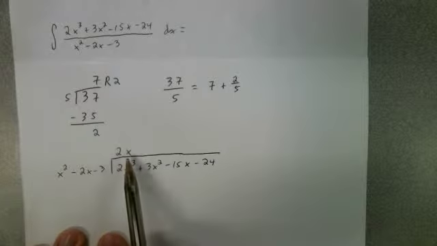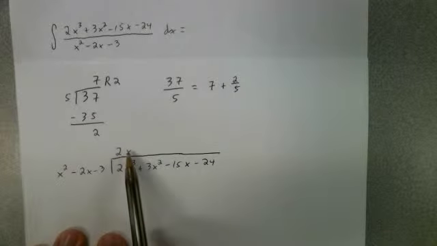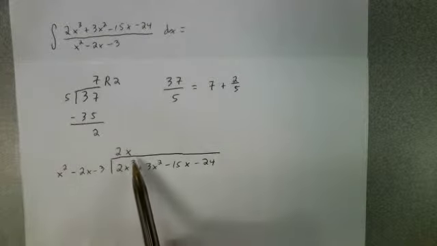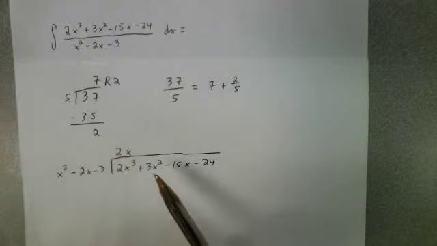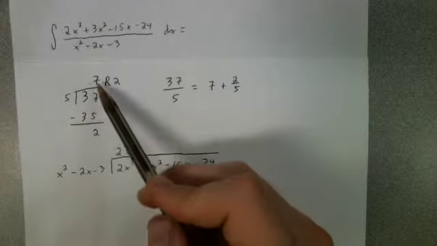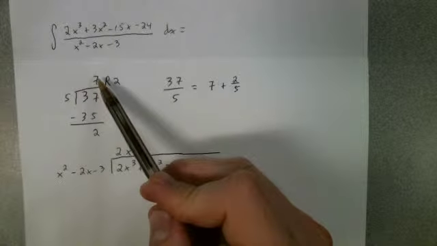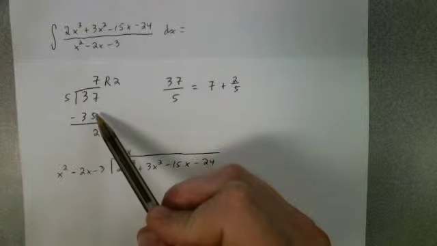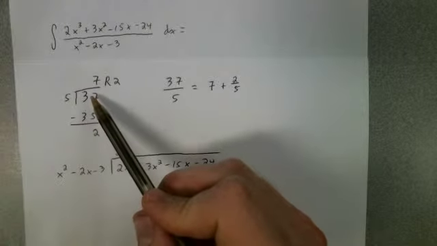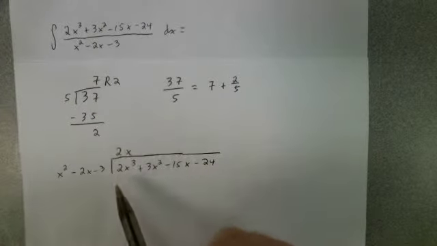What I'm going to do is put a 2x here. And then we're just going to continue like we're doing normal long division. Look at how we did long division up here. We said 7 times 5 is 35, then we subtracted the 35 from the 37. We're going to do that here.